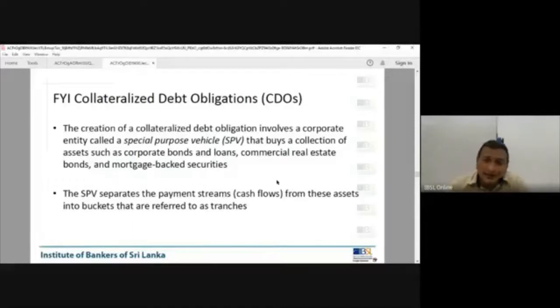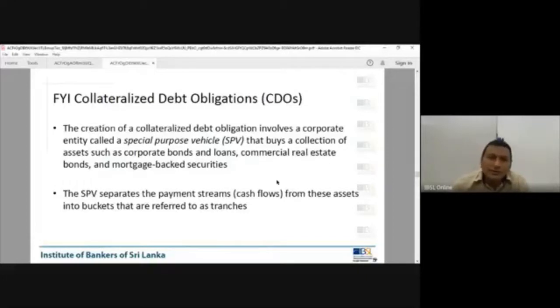Okay, so this SPV is a kind of special package, a repackaged financial arrangement that buys a collection of assets. That's all the loans. The loans the financial intermediary has extended are pooled into an SPV, and this is nothing new in terms of a corporate bond or a loan package that you have now created.